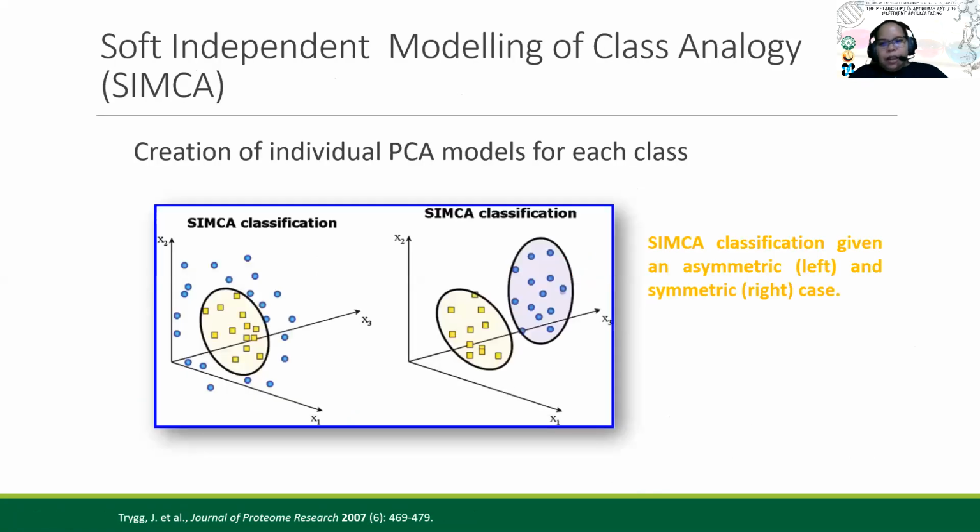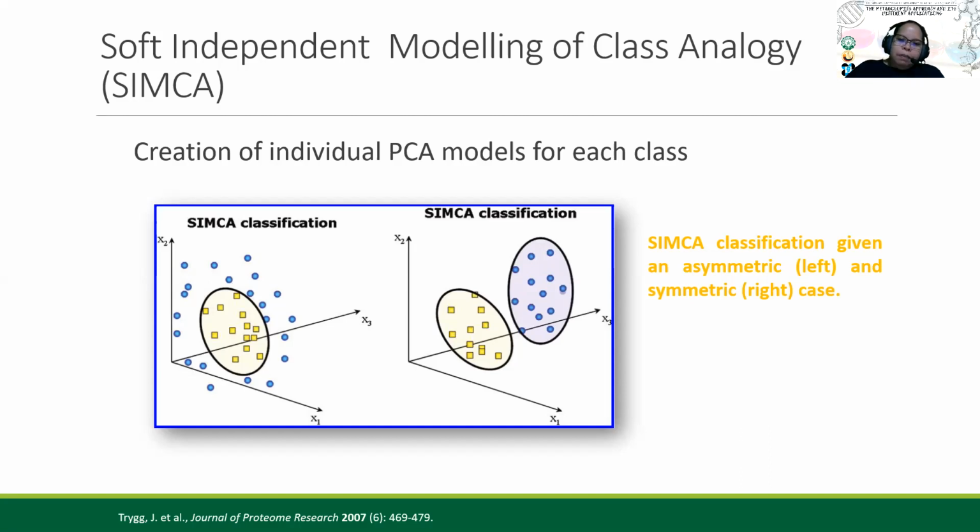Soft independent modeling of class analogy is a supervised analysis. So what happens is you create individual PCA models for each class, and based on the residuals of these models, you'll be able to determine kung saan bang class na bibilong yung sample mo.